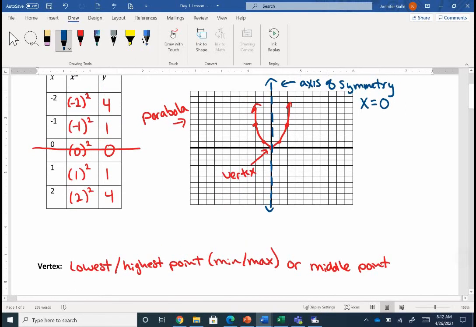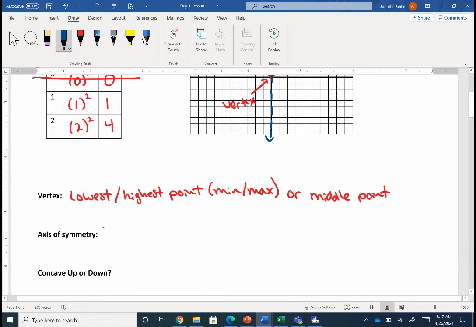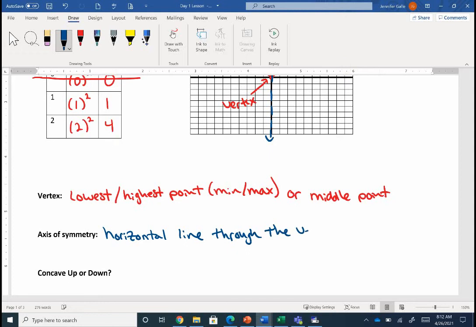The axis of symmetry is always going to be a vertical line through the vertex. If you want to add some side notes, it cuts the graph in half, or if you fold on it, the two sides will match up. I'm just going to put a little note here. It's always going to be x equals some number, and we'll talk about how we find that number as we graph a few more of those today.